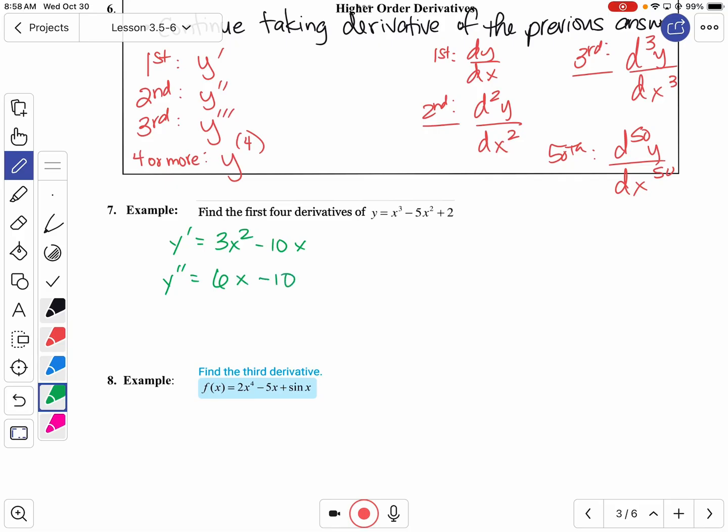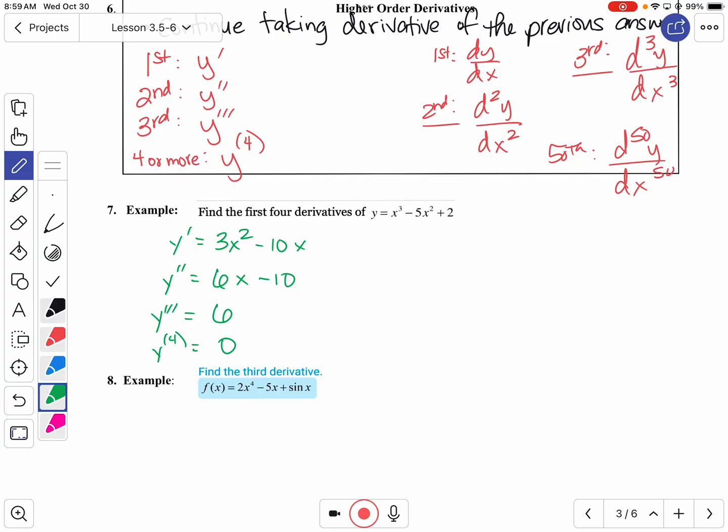We're just taking the subsequent derivative. The third derivative of 6x would just be 6. And then what would my fourth derivative be? 0. So those are the first 4 derivatives of that function. All right, you try that one underneath it.